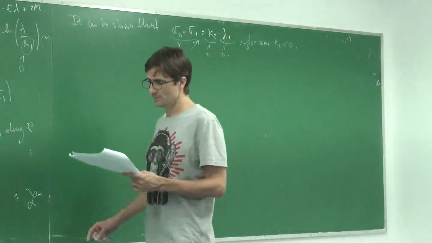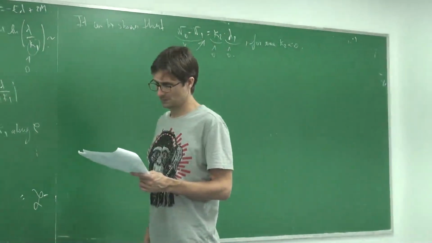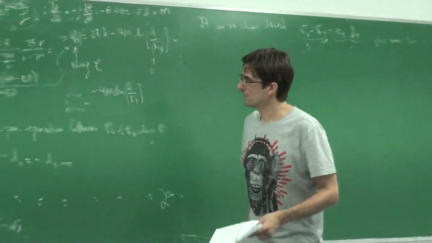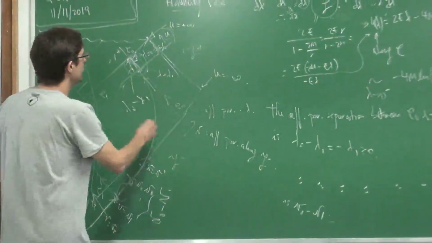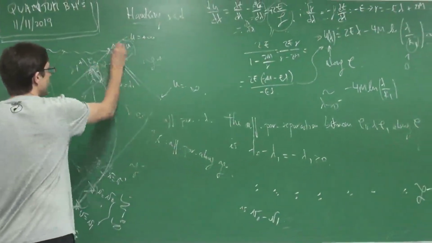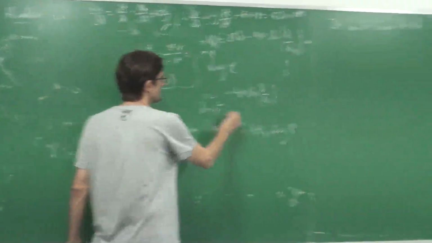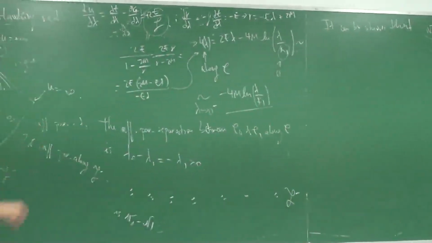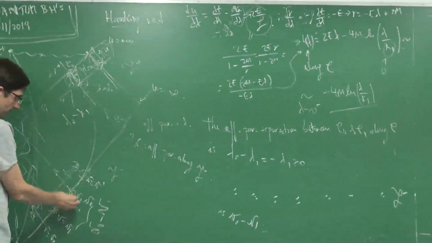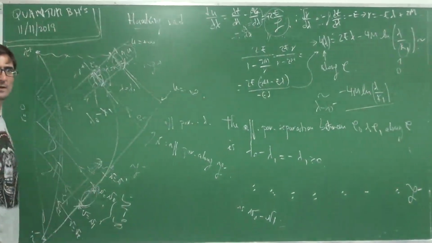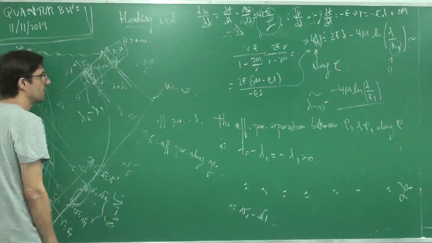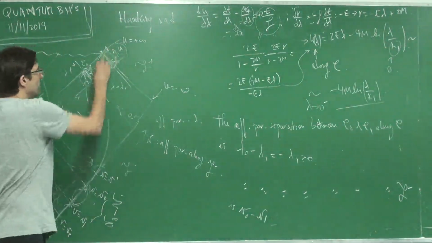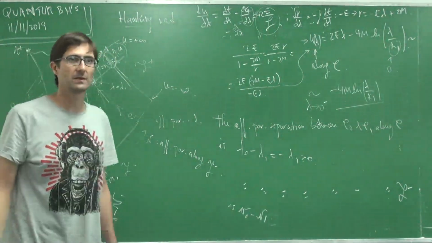Okay, so now we can relate. We already related the phi parameter here with the phi parameter here via this. And now we can relate the phi parameter here with the phi parameter here. And therefore we can relate the phi parameter separation here along chi minus with the phi parameter separation along chi plus.